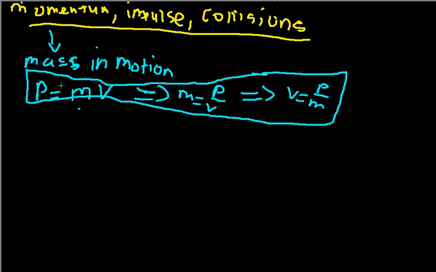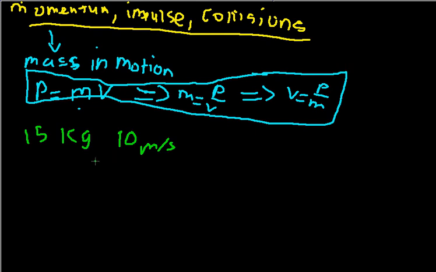Now let's take a look at some example problems with momentum. So if I were to say that I have a 15 kilogram linebacker running at, let's say 10 meters per second, and we're trying to find momentum.